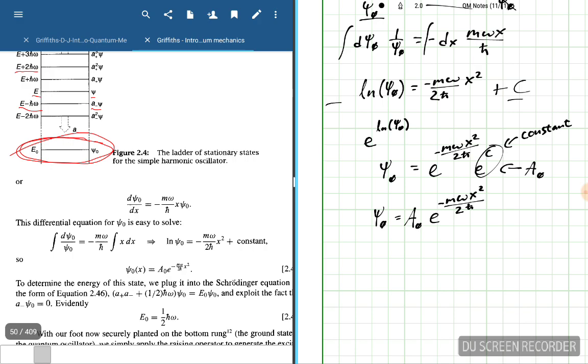Yay! So now we know psi naught, although I could specifically write it as psi naught as a function of x, because clearly psi naught does depend on x.